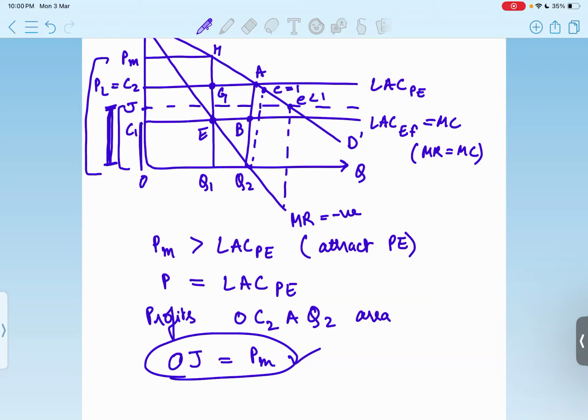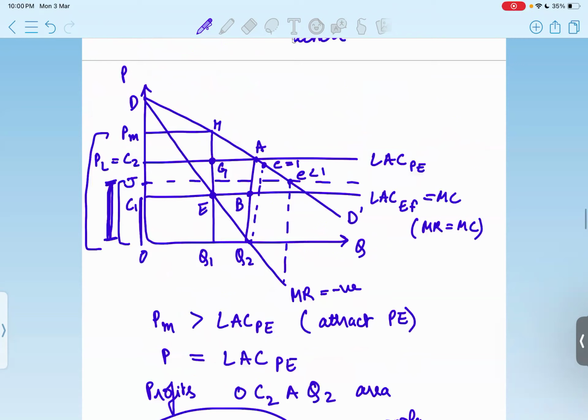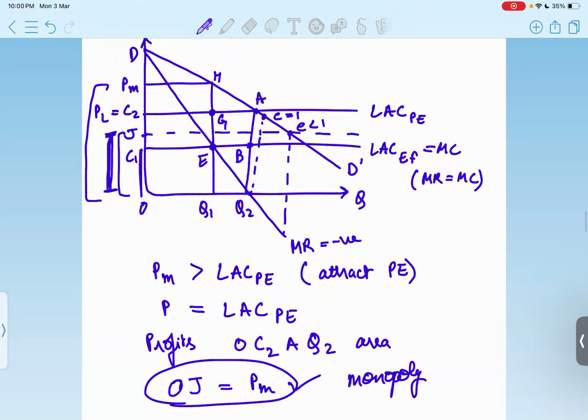So they will charge the monopoly price, and this is the best scenario for them because this is the maximum level of profits that they can make, and also the output is less at the monopoly price. So that's how the limit pricing theory works.